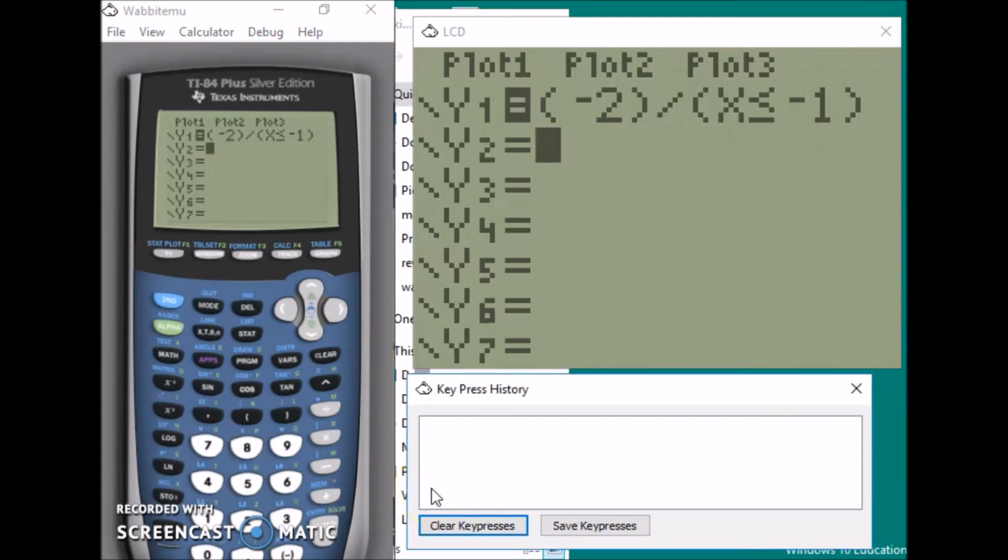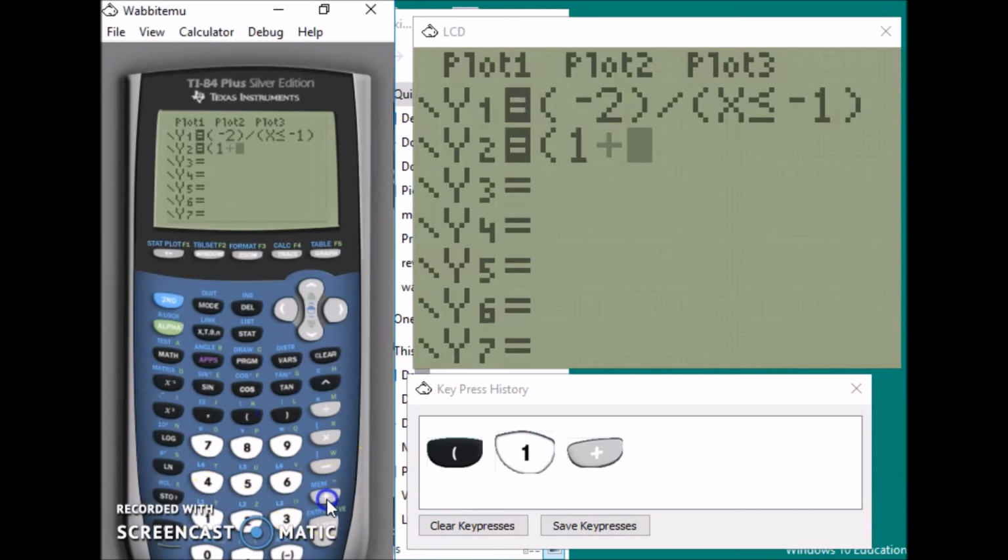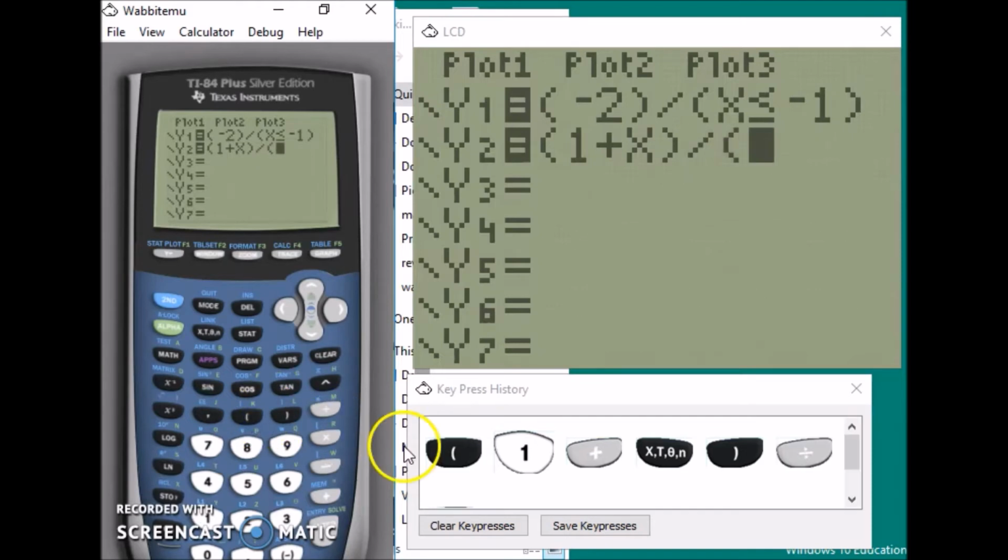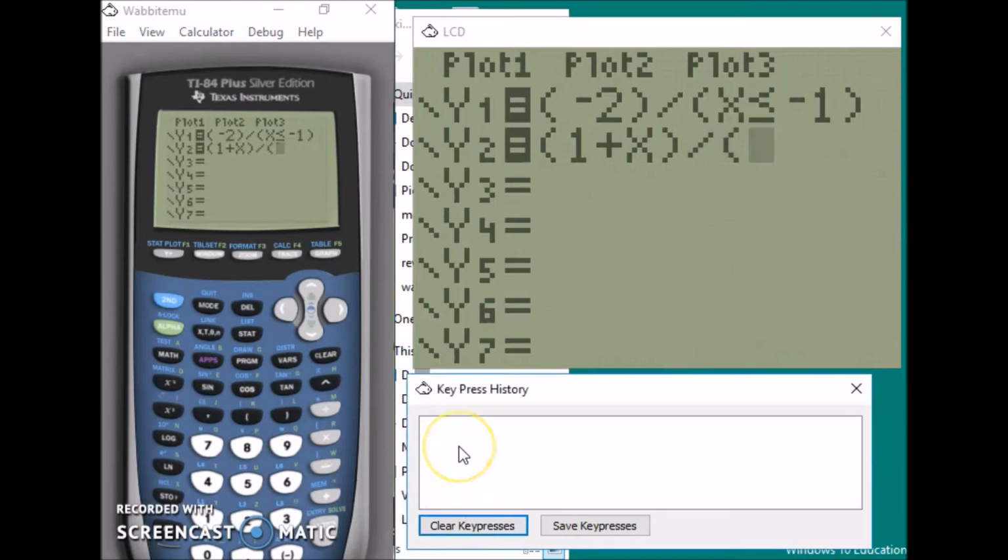And now I'm going to do the second one, so parentheses y1 plus x divided by. Now this one is a compound inequality. It says -1 less than x less than 2. So we need to break it apart.